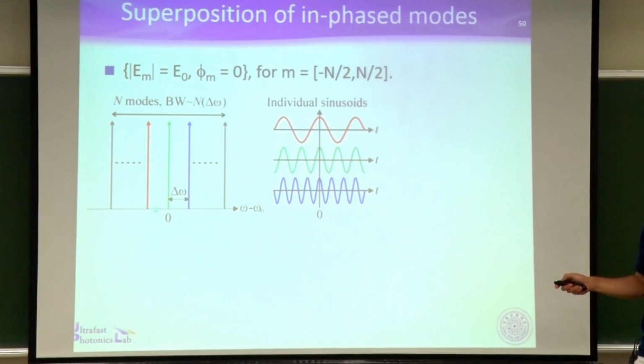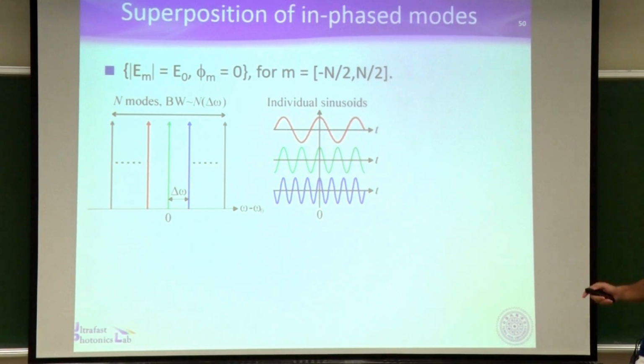The red one is the leftmost mode, right? Corresponds to the lowest frequency. So represented by a red sinusoidal function. The period is largest. The green one is in the middle, so the frequency is a little bit higher, represented by the green sinusoidal function with shorter period.